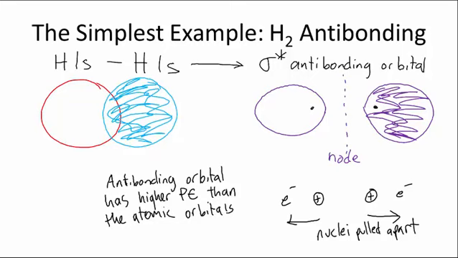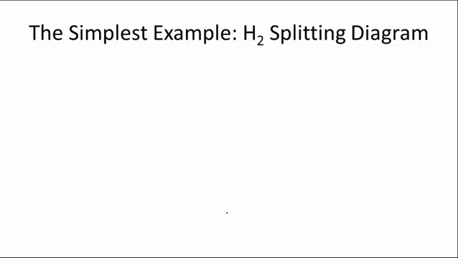So what we have is two atomic orbitals. They come together, they make two molecular orbitals. And now I'm going to show you the conventional way to represent this. We call it a splitting diagram. All right? In a splitting diagram, you represent atomic orbitals on the outside.